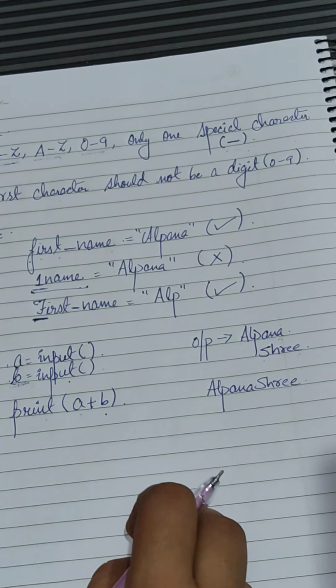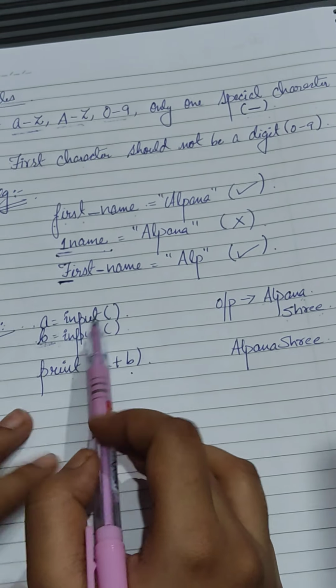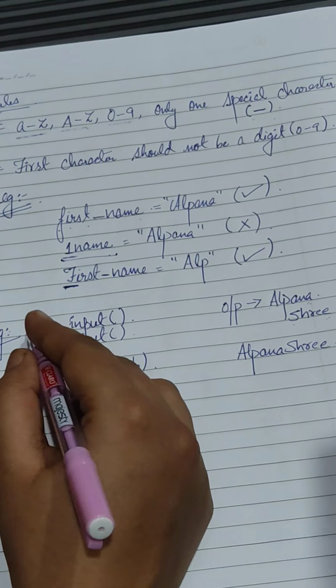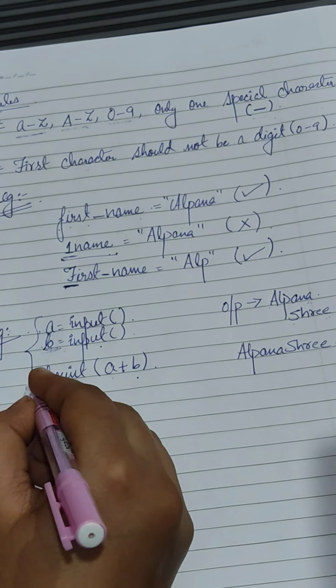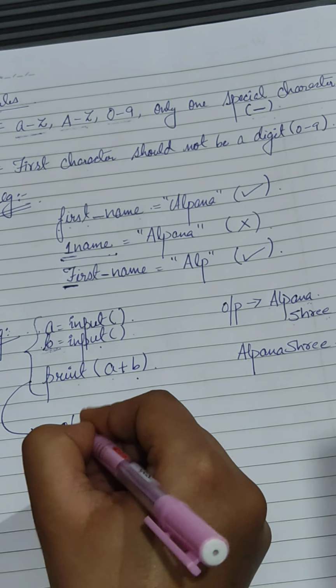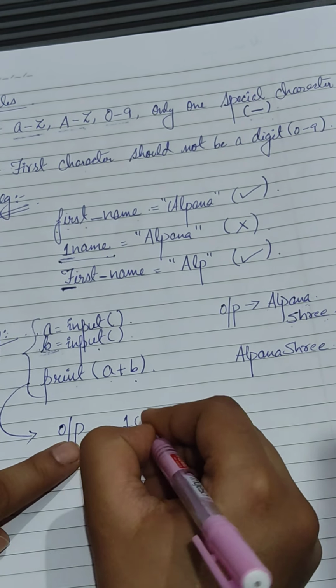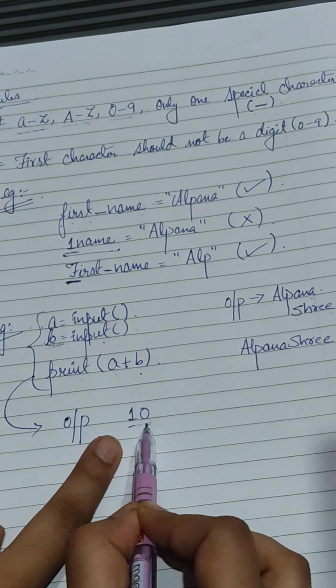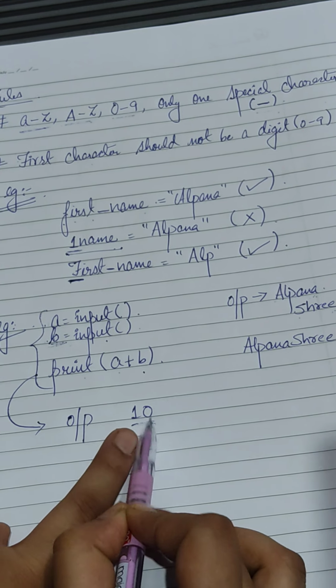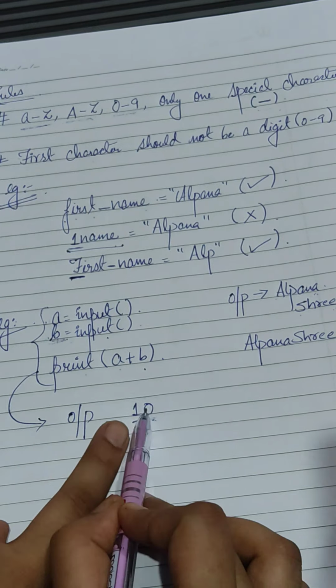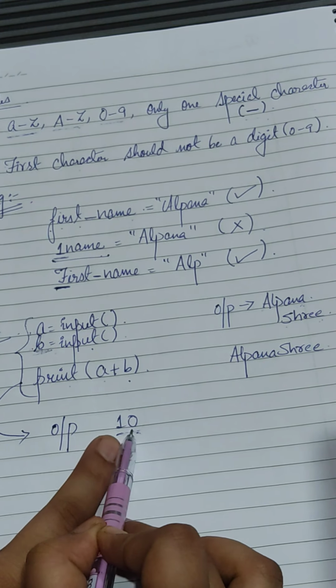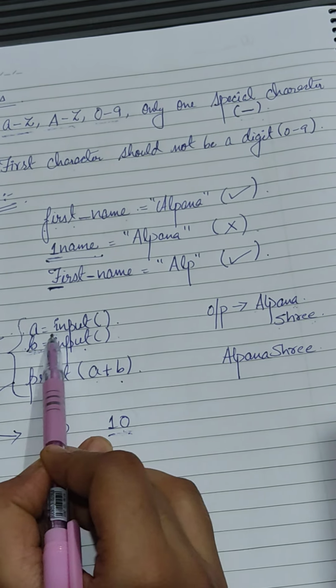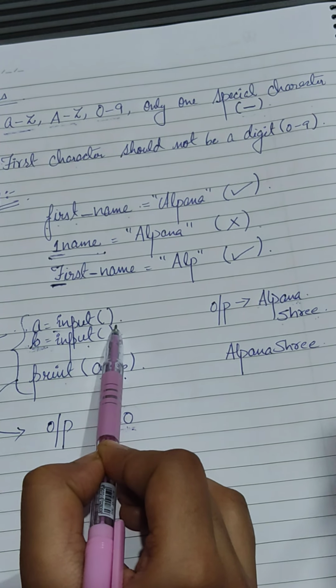Now the next concept in the same problem: if we give the input 10, here the 10 is considered as a string, not an integer, because input takes only a string.